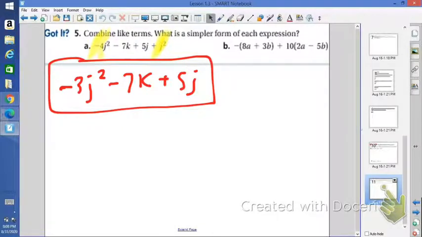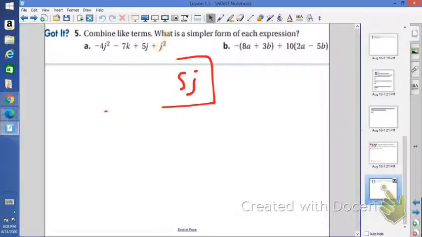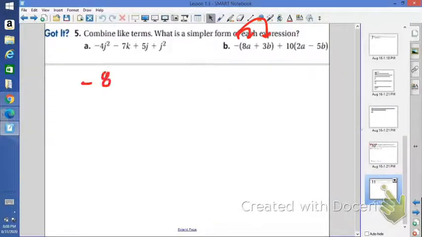Now for B, we're going to have to distribute again. So we're going to distribute this negative to both of these terms. So remember that negative is like saying negative 1. So negative 1 times 8a, that's going to give us a negative 8a.